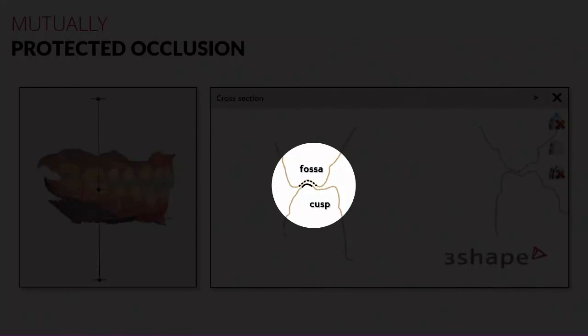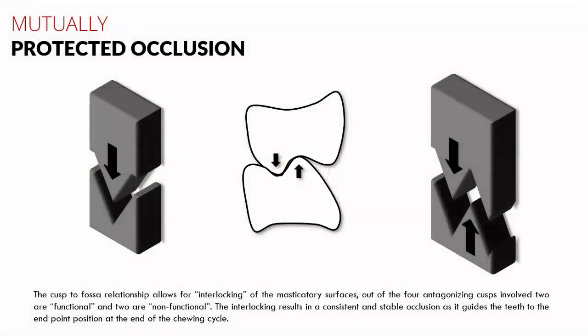Cusp tip in some sort of depression, okay? And if you think about it, as you have more and more of these teeth lined up, it forms this interlocking that kind of stabilizes all the teeth together, right? So we have this cusp to fossa relationship that allows for the interlocking of these masticatory forces.